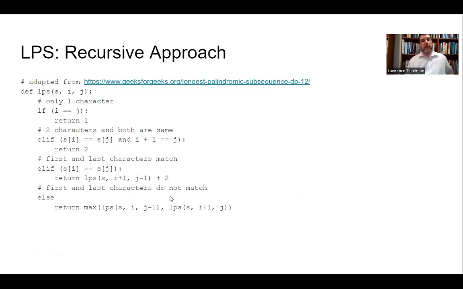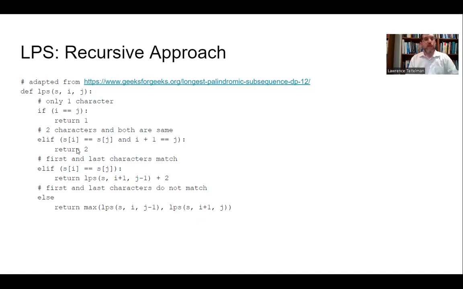Okay, so if I convert that formula into a program, I call it LPS. If the 2 positions are the same position, I and J are the same, not the same letter, the same position, I return 1. If they are 1 apart, so I plus 1 equals J, then I return 2.